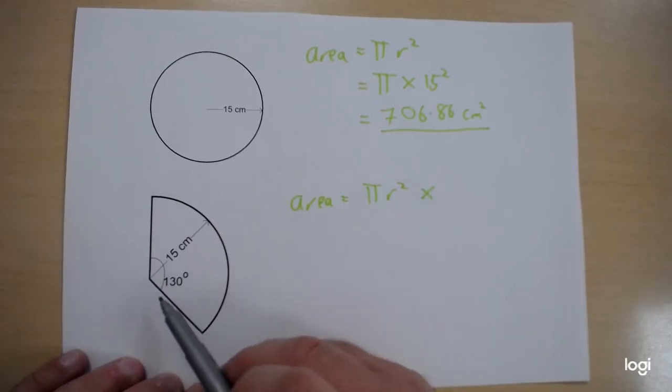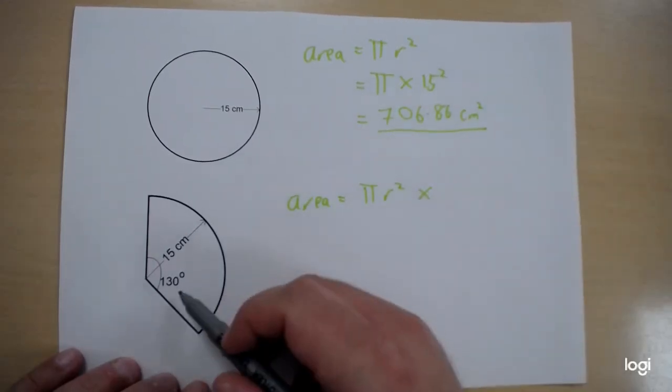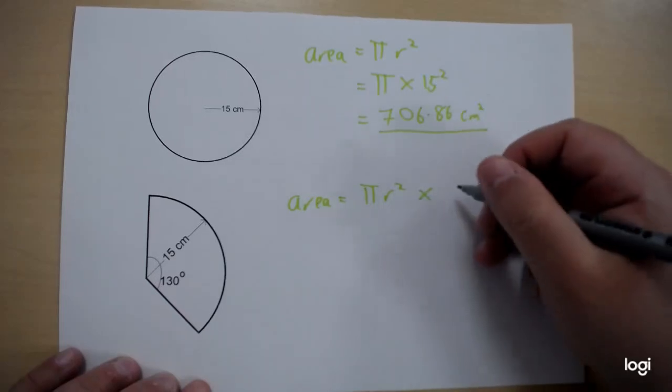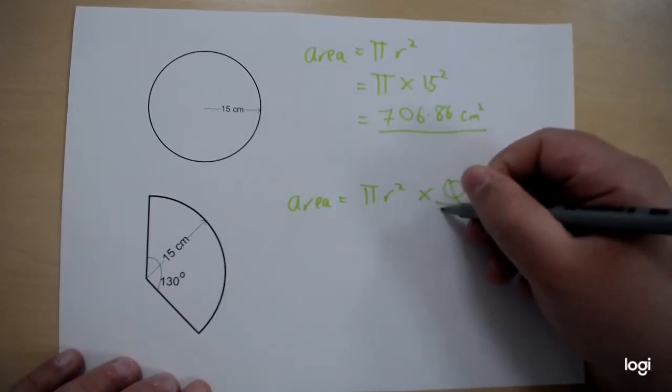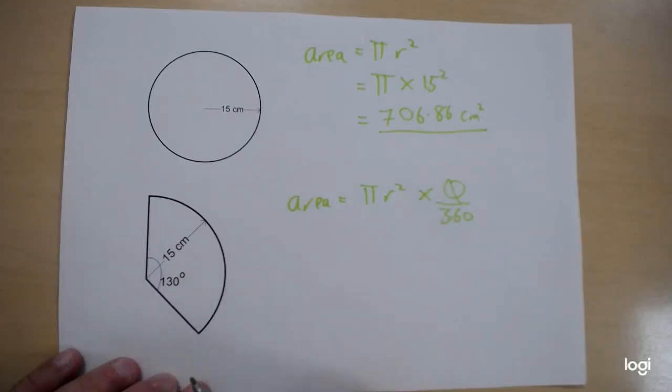And we get the fraction by using its angle. So in this case, it's 130 degrees over 360. So to write the formula, it's pi r squared times theta on 360, where theta is representing the angle.